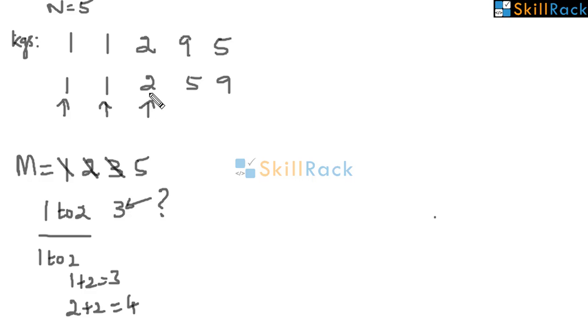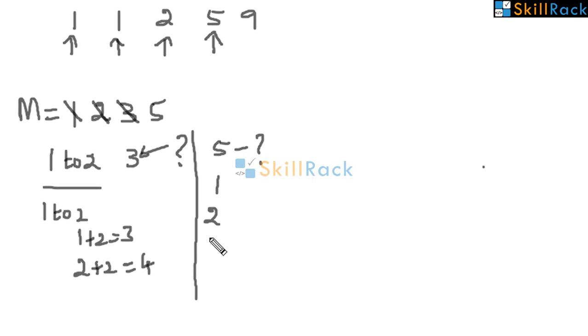Now let us consider the next element. So it is 5. Is 5 less than or equal to 5? Yes. Then you add it. Here also the same concept. Now the measurement has come up to 5. So can it measure 5 or not is the question. The weight is also 5. It is less than or equal to that, which means when the m value is 5, you can measure 1, 2, 3, 4. That is confirmed. Only because of that m has become 5. Now you have a weight 5 in hand.